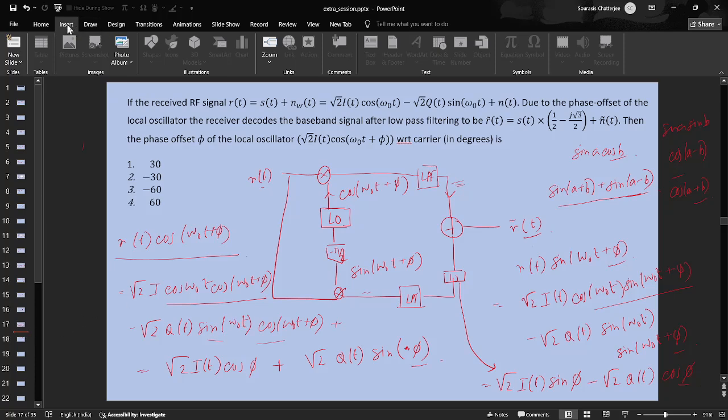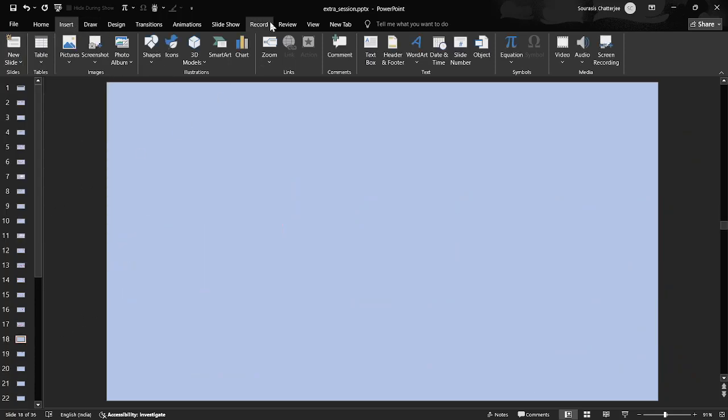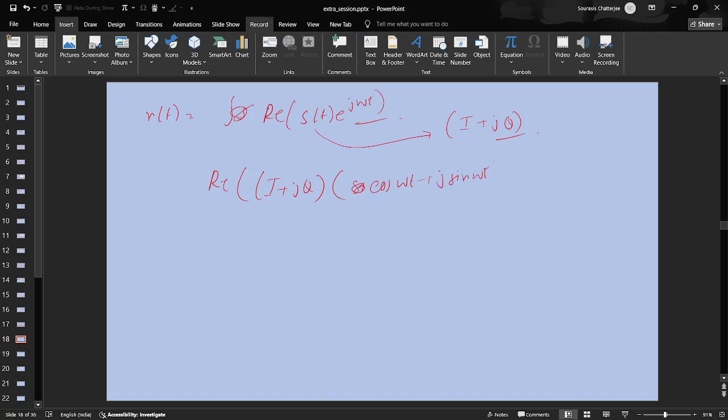Just let me calculate here the baseband signal once. So RF signal is real part of baseband signal times e to the power j omega t. This one here is I plus jq. So real part of I plus jq times cos omega t plus j sin omega t.